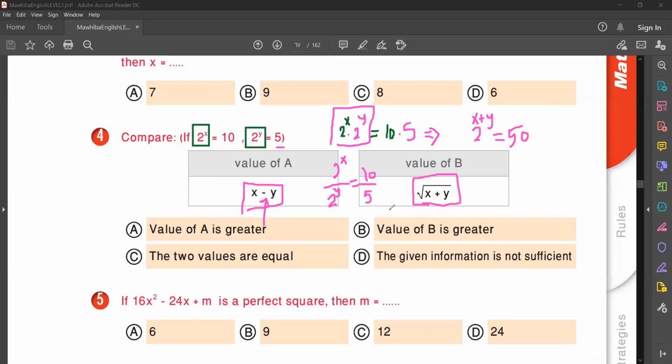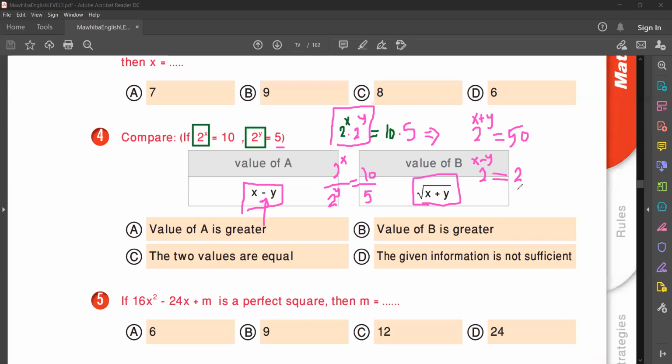And here I have division, so I can write x minus y equals 10 divided by 5, which is 2.